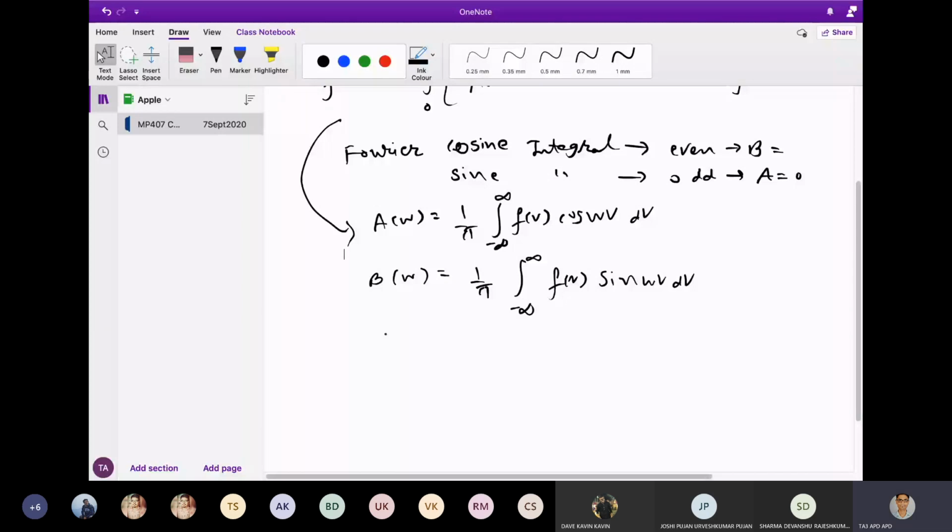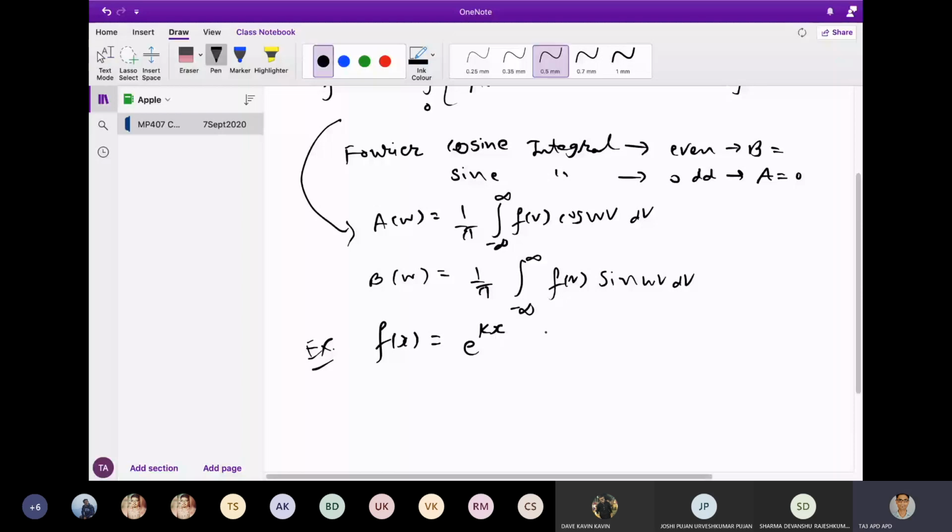We also did an example. Let me just see what example we did. I think it was e raised to kx. Yeah, so we had this example of f of x equal to e raised to the power minus kx for x greater than 0 and k greater than 0.